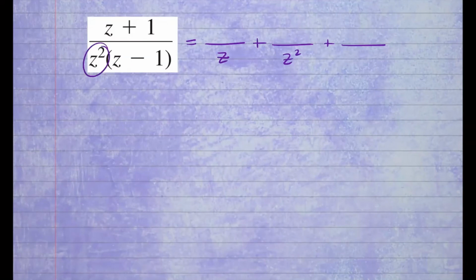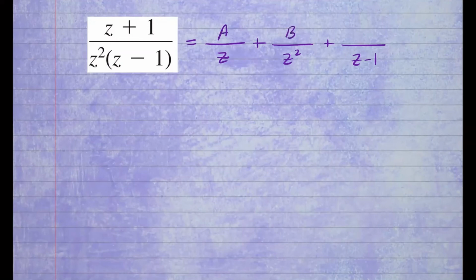So we're going to actually write down 3 fractions for this. One of them is z, the next one is going to be z squared, so that's for all of these. So you always count up to the multiplicity. And then the last one is the linear factor, z minus 1. And now on the numerator, this is A, since the denominator is linear.